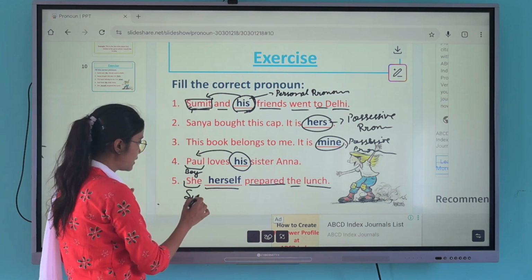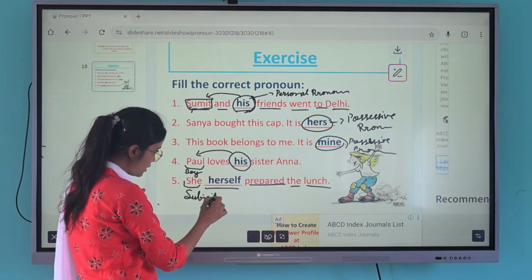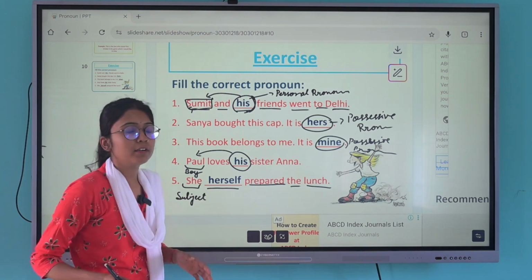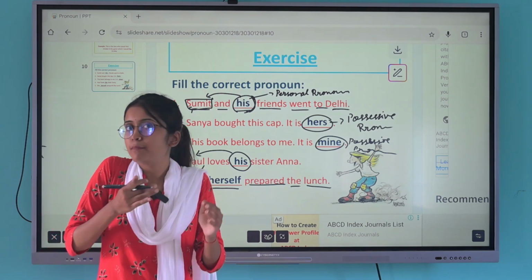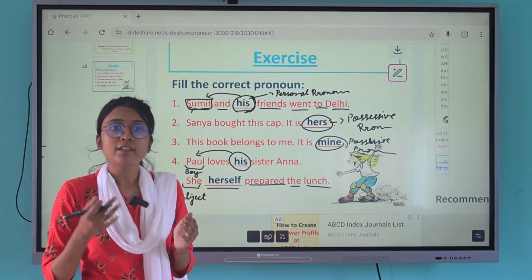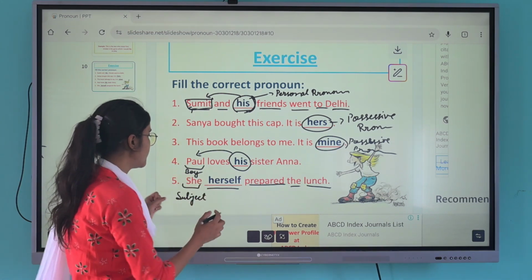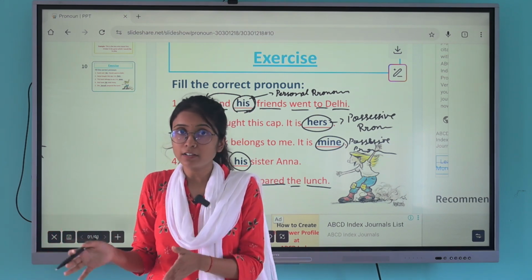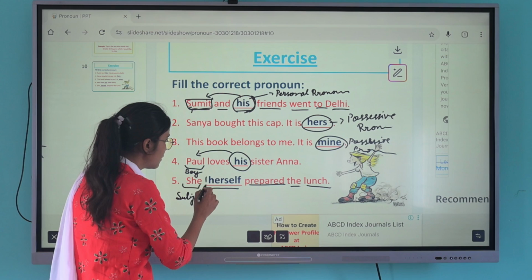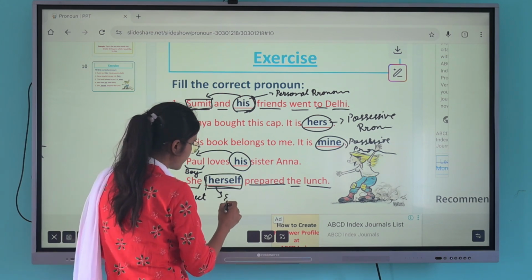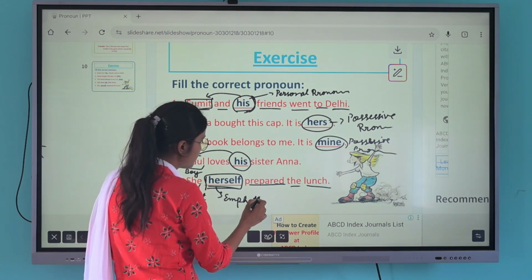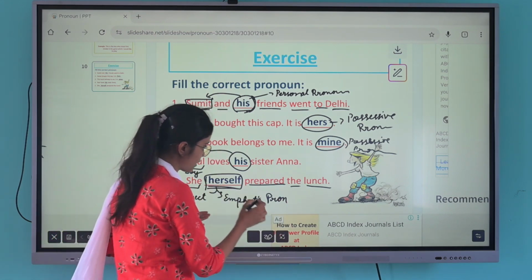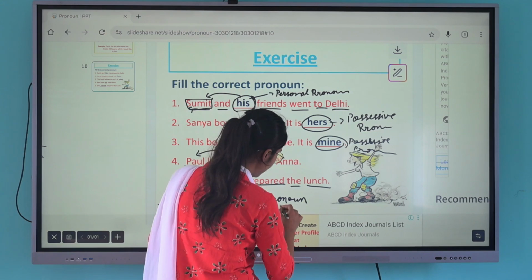This is a subject, and I have told you that when we place herself, himself, yourself, themselves after the subject, it is included in which type of pronoun? Yes, emphatic pronoun, because emphatic pronoun puts a stress on the subject. So this is included in emphatic pronoun.